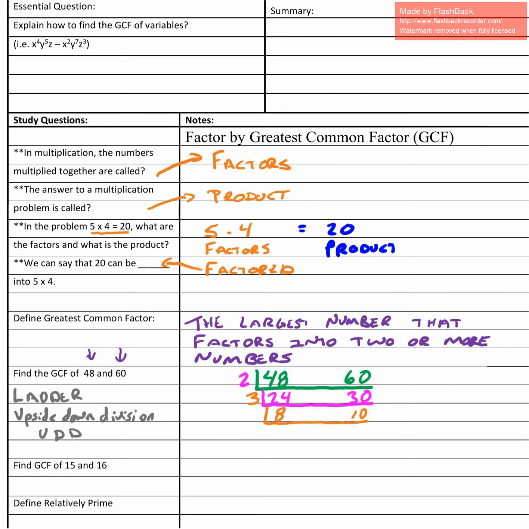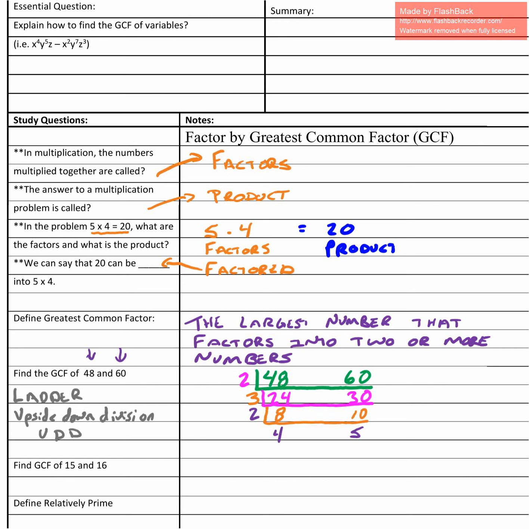Then if you notice, they're both even, so again we can pull out a 2. Some of you can probably just look at it and know that 8 can be divided by 2, and 10 can be divided by 2. And so we end up with 4 and 5. There's not a number that will go into 4 and 5, so we're done with our ladder.